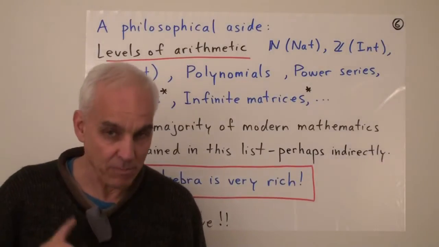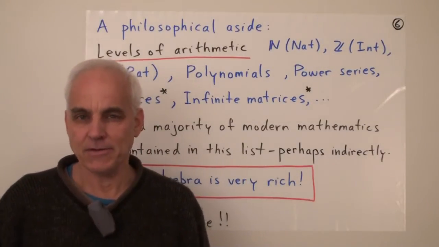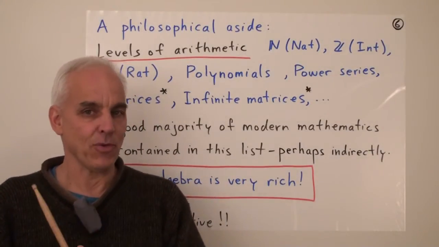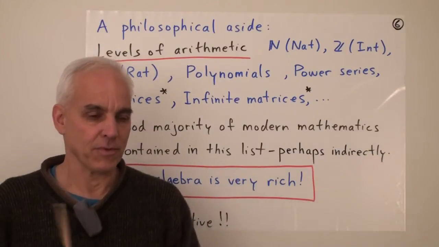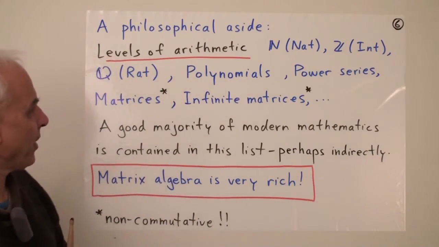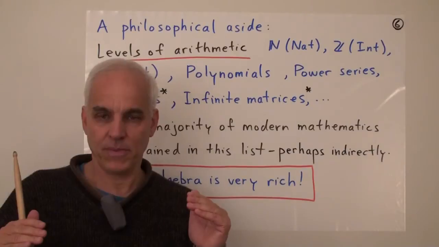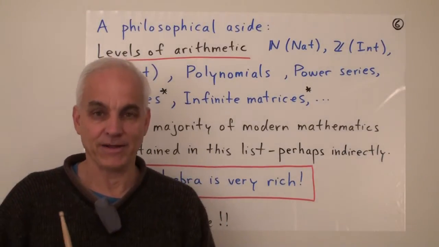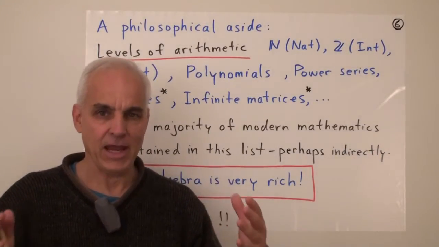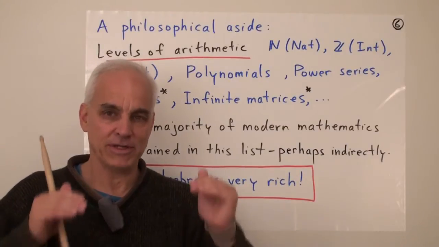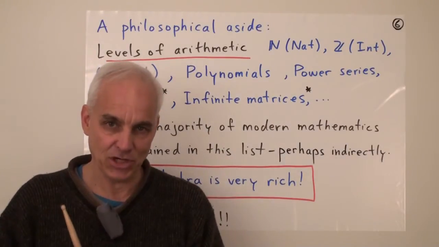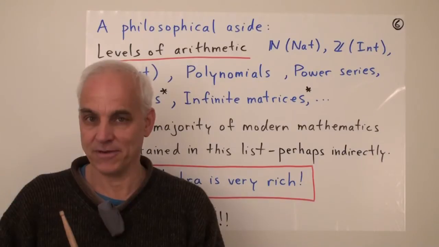It might be a good place to pause just momentarily and say a few philosophical words, or large-scale words. So there are really levels of arithmetic, and a large part of mathematics can be framed in terms of thinking about levels of increasing sophistication for doing arithmetic.